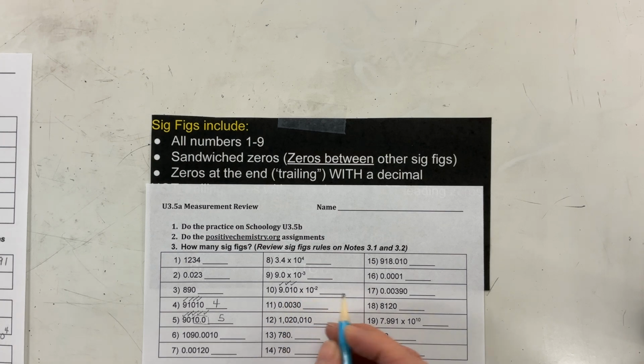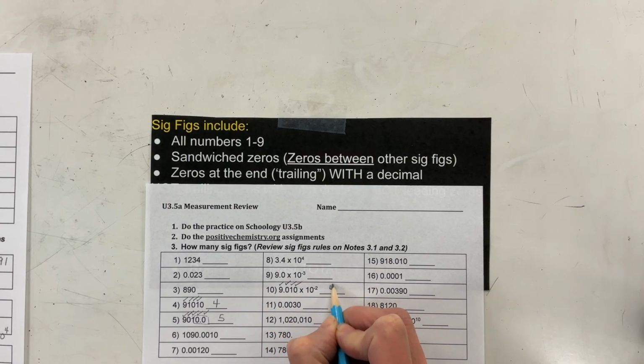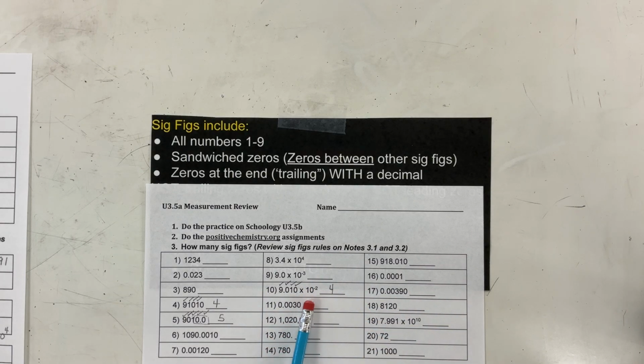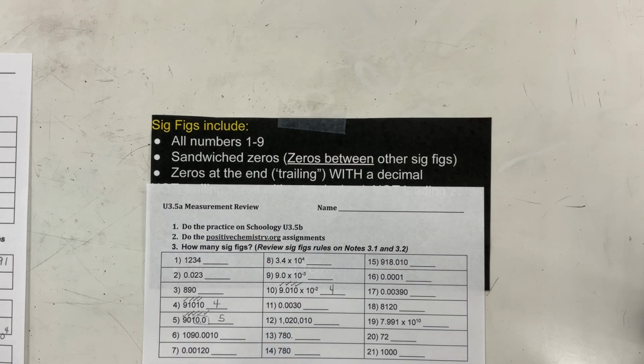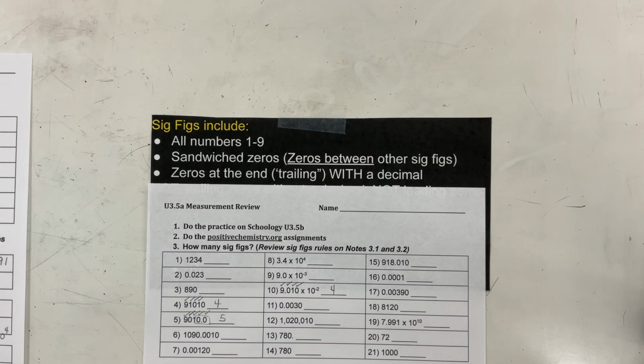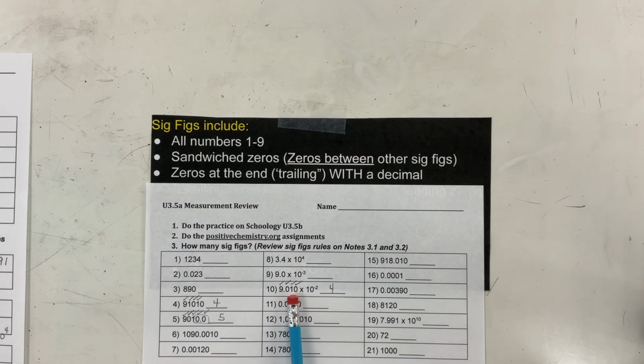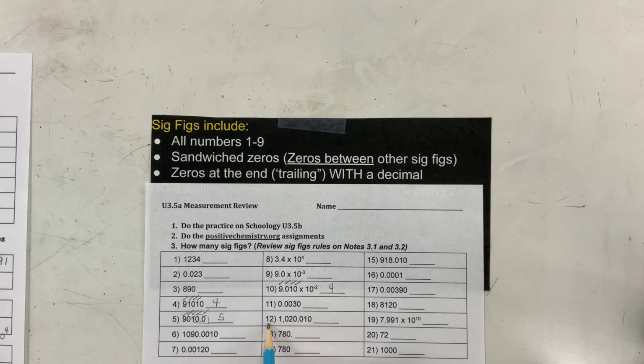So yes, trailing zeros. So 1, 2, 3, 4 sig figs on this one. The times 10 part is sort of like the placeholder zeros, or if in this case they move this here, the leading zeros. So we don't have to worry about anything with scientific notation. They're all significant.